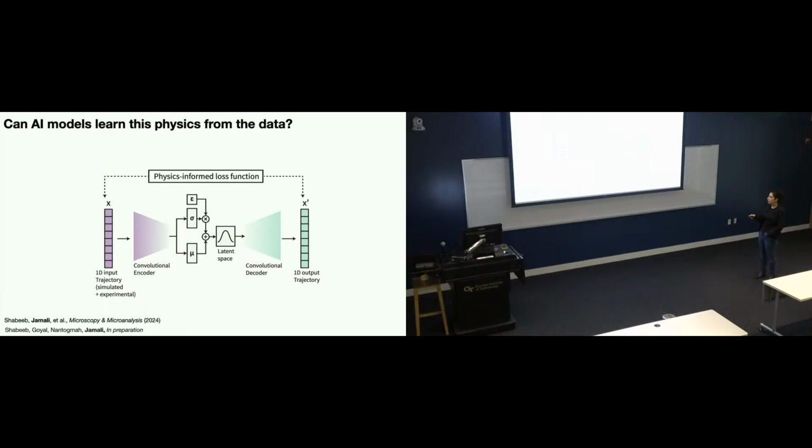And the beauty of this model is that when you encode all trajectories, a mixture of simulated and experimental, so we have thousands of data from simulation and experiment, into a latent space of very low dimension, you're basically passing all your data through a bottleneck. By doing that and then reconstructing it, you are learning the essence of the physics of these trajectories.